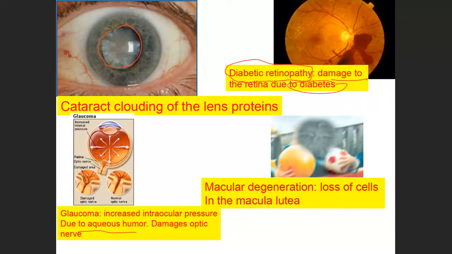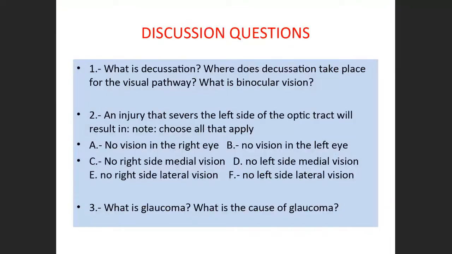And macular degeneration is the loss of the cells of the macula lutea. And because most of the cells in the macula lutea are cones, we begin to lose central vision. So peripheral vision is okay, central vision is what's lost. So you should have an idea what these conditions are and what part of the eye they affect.